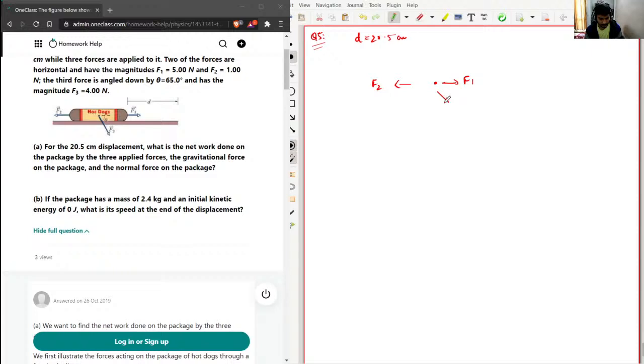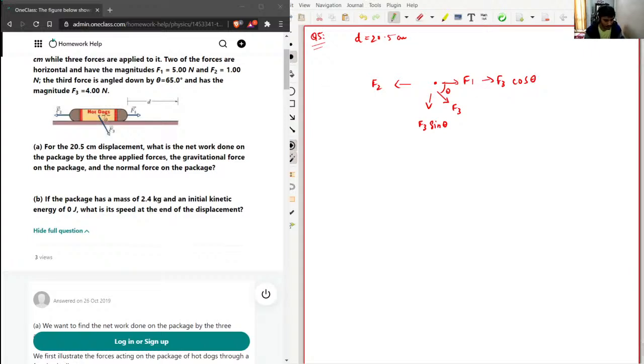This is F3 and the angle is theta here. So I'll take the components. This will be F3 sine theta and this will be F3 cos theta.